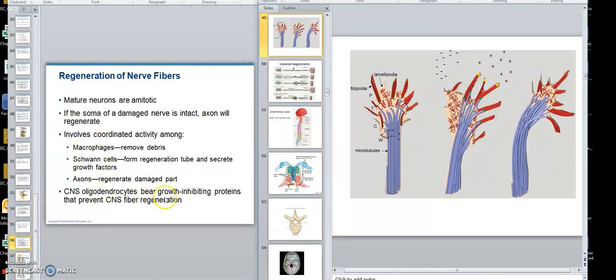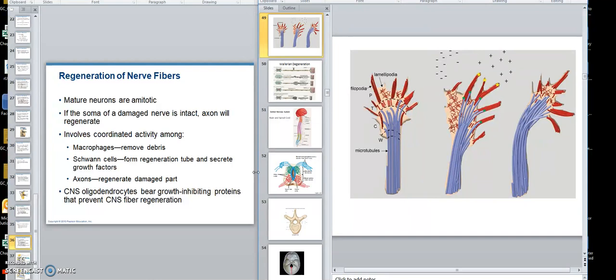The CNS bears growth-inhibiting factors that prevent CNS fiber regeneration. See, in the CNS, you can't really regenerate. Now, we're working on putting stem cells there. Now, listen to me. We're trying to make it regenerate, but it's not going to do it on its own. The CNS oligodendrocytes. One reason it might not regenerate, see, when you're in those tracks, think about it.